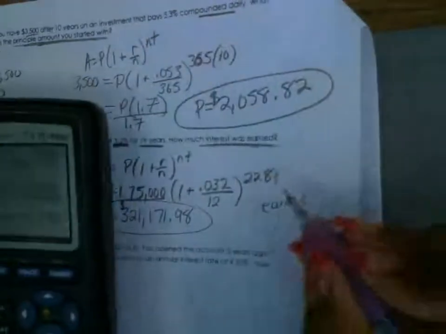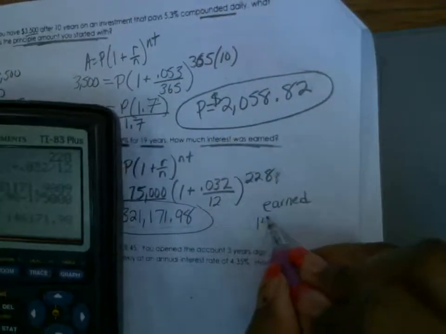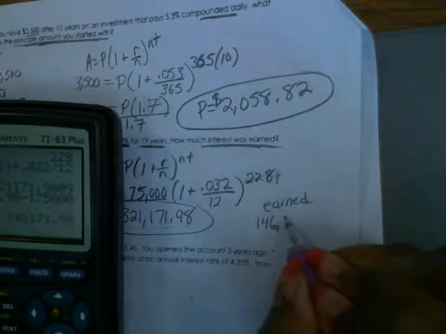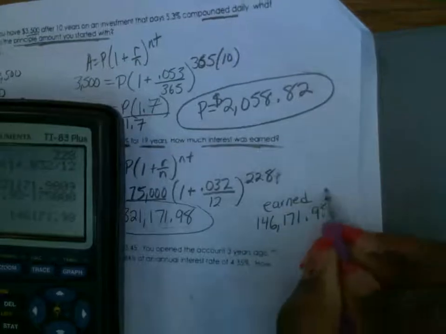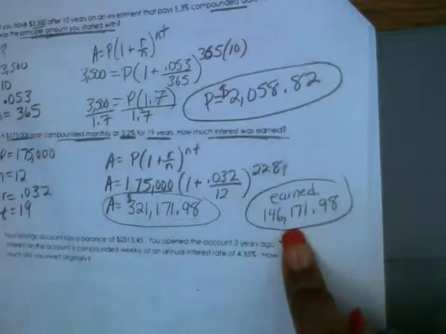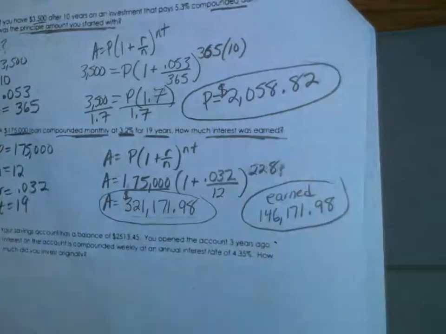And so this was the earned amount, $146,171.98. This was the interest that was earned over that many years.